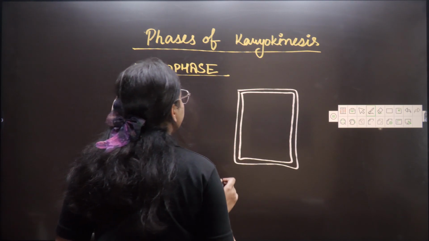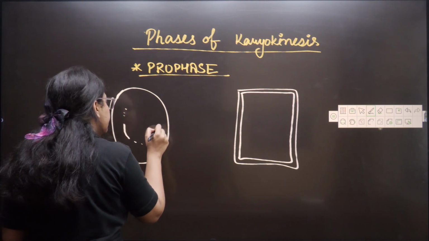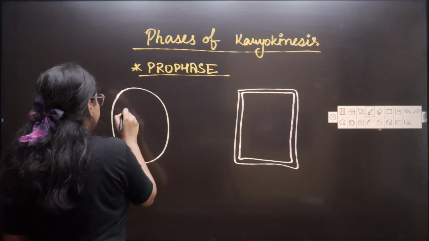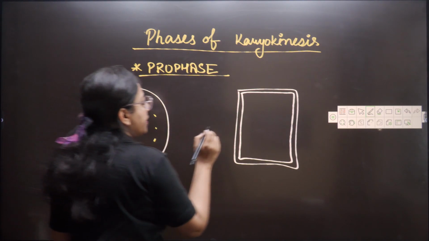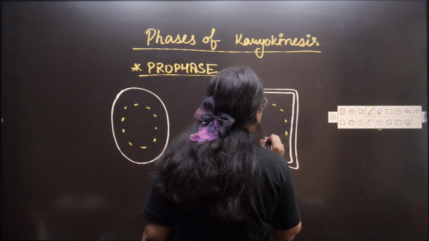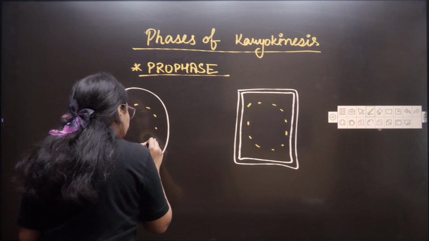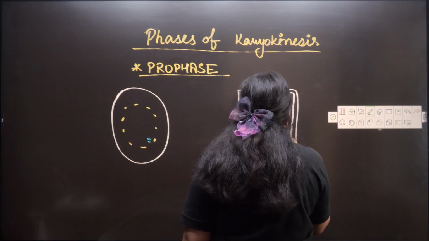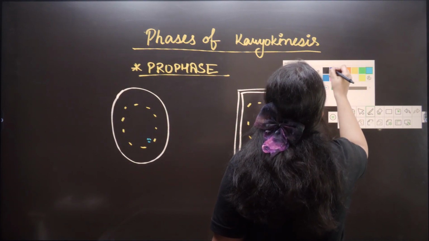After that we will make the disappearing nuclear membrane, here also disappearing nuclear membrane, and then disappearing nucleus.